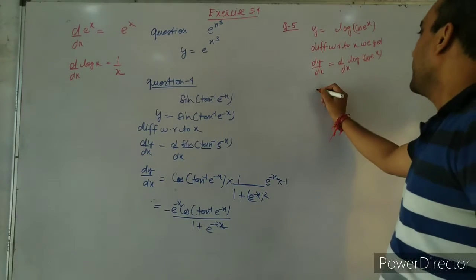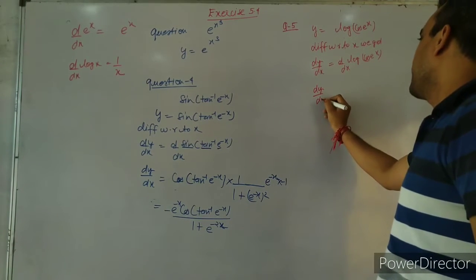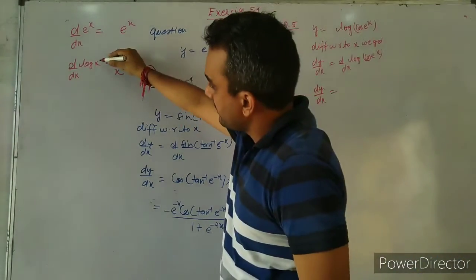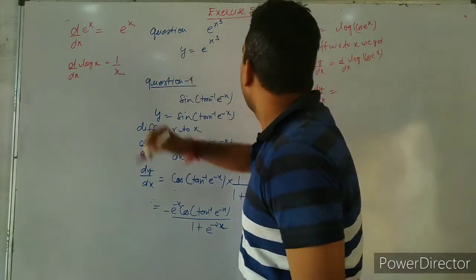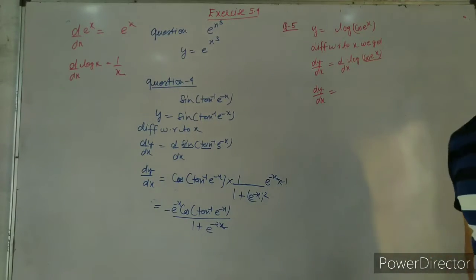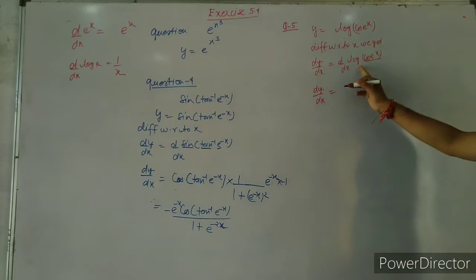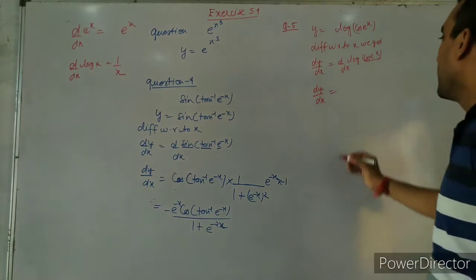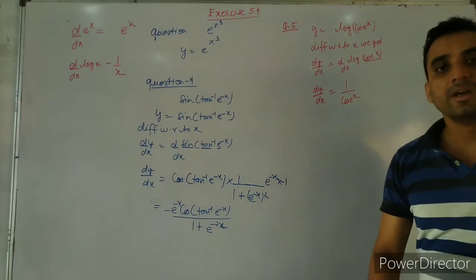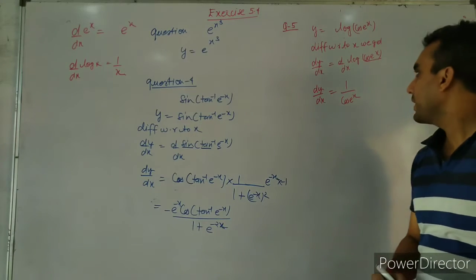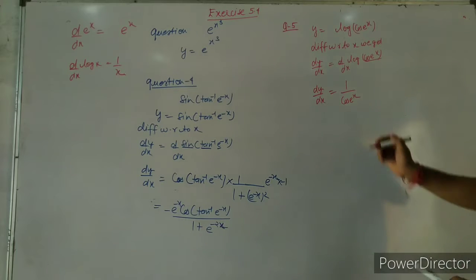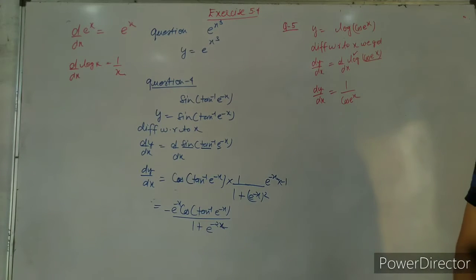Dy upon dx will remain as it is, and the differential of log x is 1 upon x, and here at the place of x we are having cos e to the power x. So the differentiation of log cos e to the power x will give me 1 upon cos e to the power x. As we have to apply the chain rule for every question, I have differentiated log only.